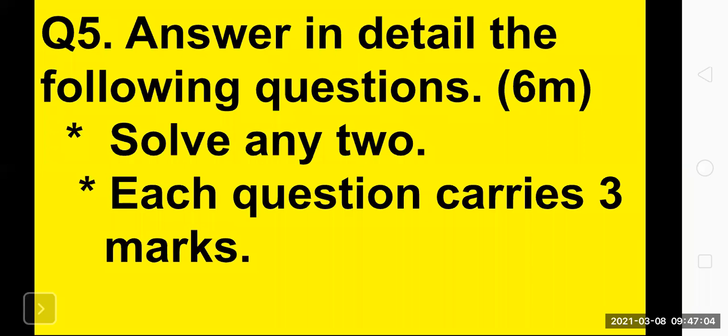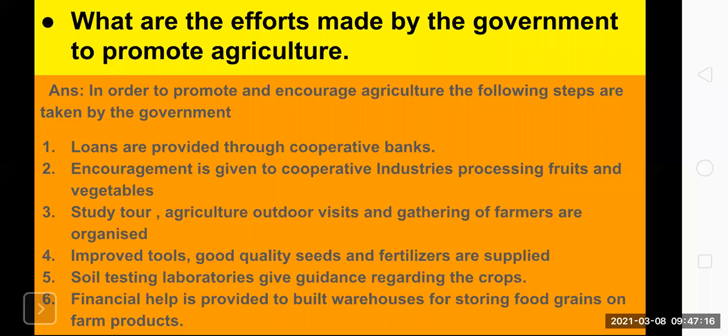Now see, students, question number 5, which is based on answering the following questions in detail, carries 6 marks and we have to solve any 2. It means each question carries 3 marks, and for 3 marks we have to write 5 to 7 statements, minimum 5 and maximum 7, not more than that.